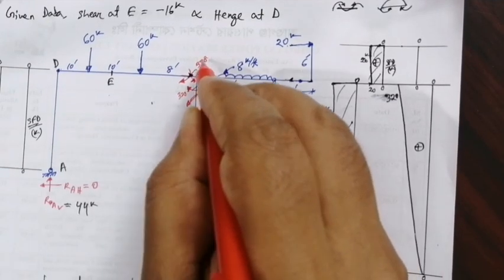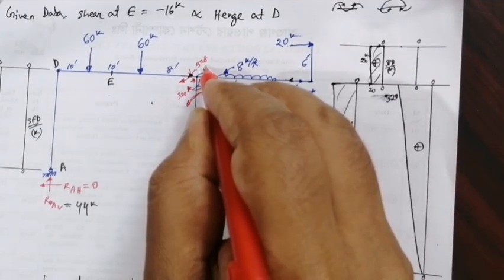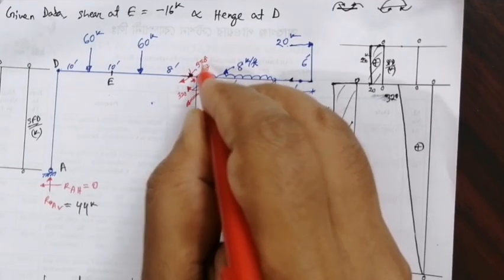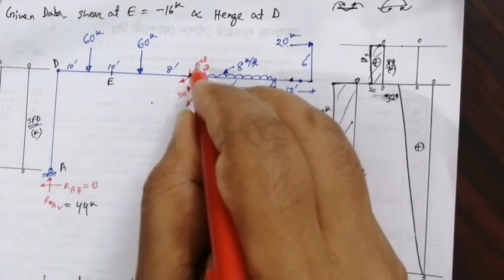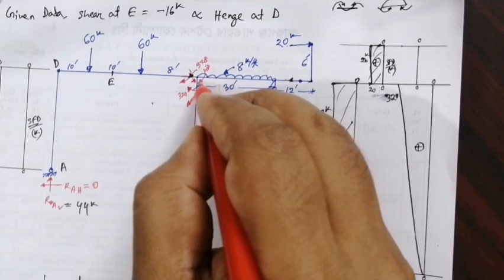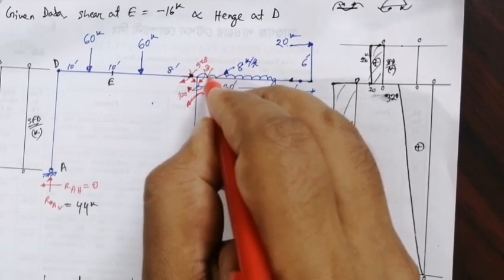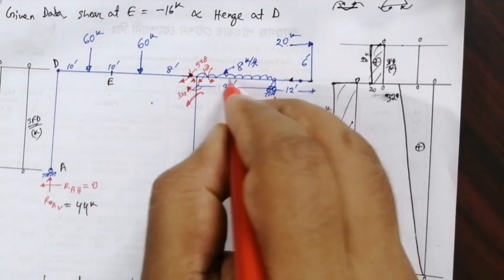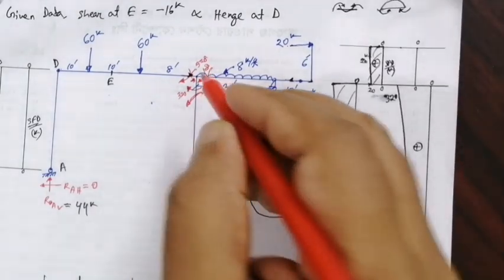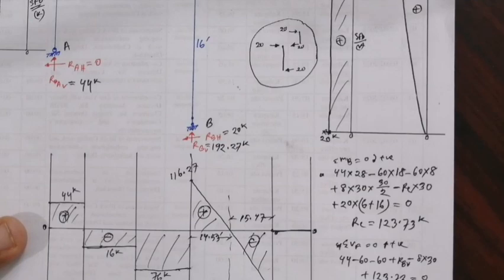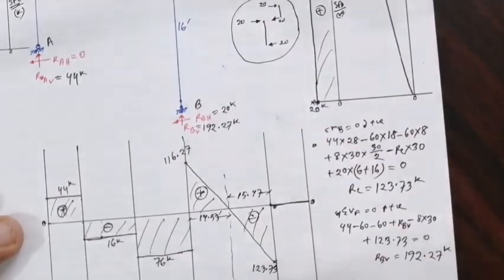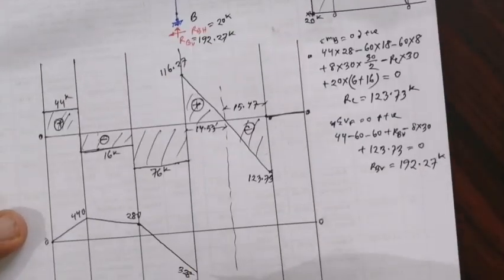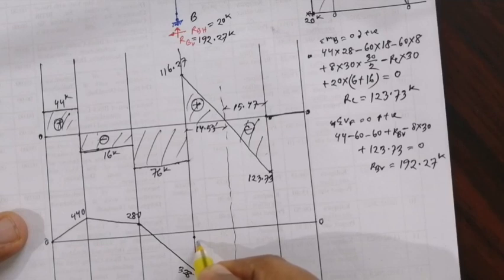If we get 8, then 8 plus 320 is 328, balanced by this 328, equal to 0. So this moment is also balanced for this area. This is also negative 8. So for this member the moment is only 8. This 328 is balanced by minus 8 only for this member.